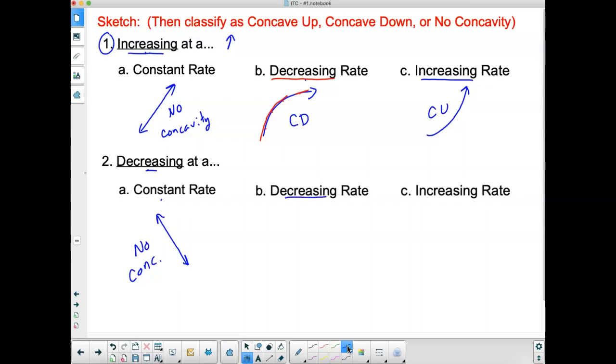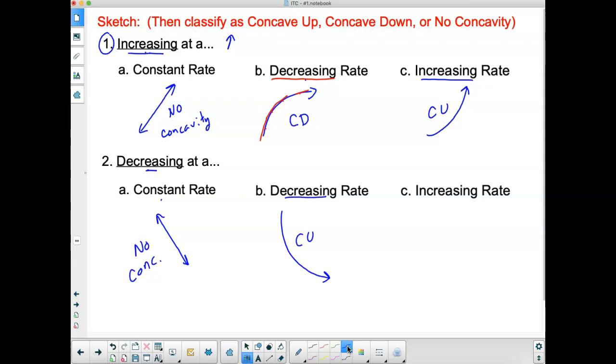Left to right, the curve has to be going down, but the curve has to be getting flatter as I go down, showing a decreasing tangent line. Now, if I plug concavity on that, I can see this would be concave up. It could start to hold water if we put a little dam over there at the end.